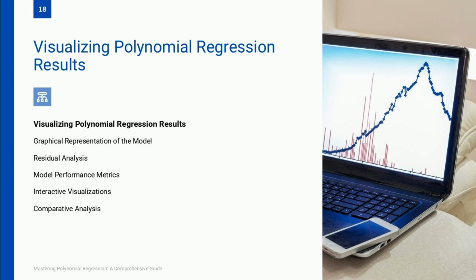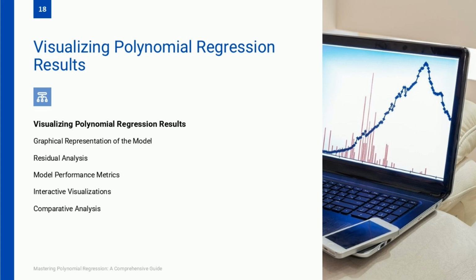A well-fitted polynomial should follow the general shape of the data without excessive oscillations. If the curve appears too smooth and does not adapt to the natural curvature of the data, the model may be underfitting. If the curve fluctuates excessively, bending through every individual data point, it is likely overfitting and capturing noise rather than the real trend.